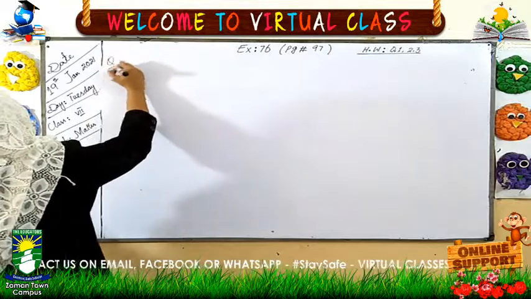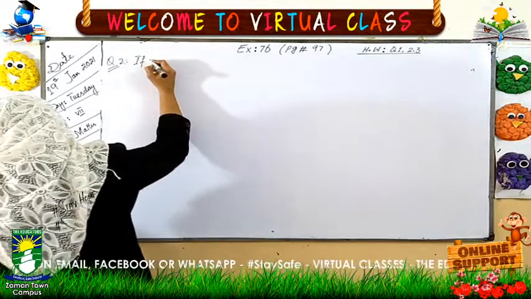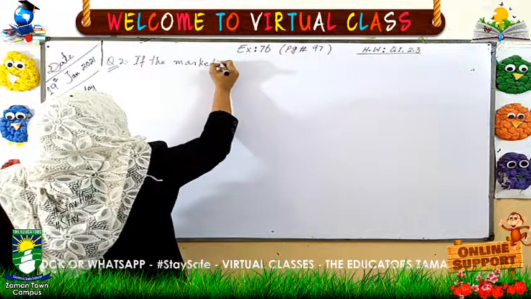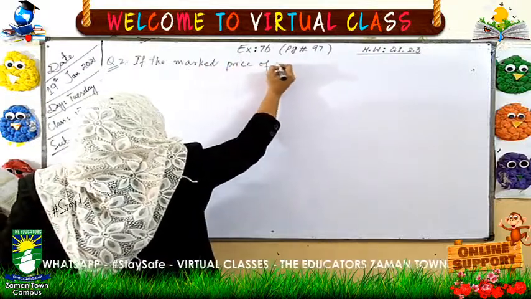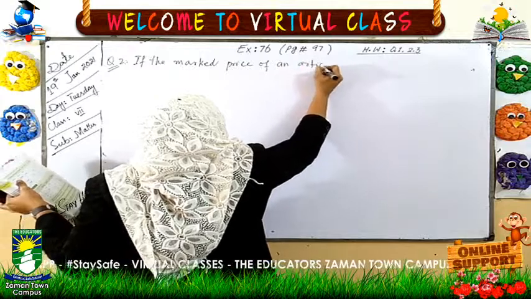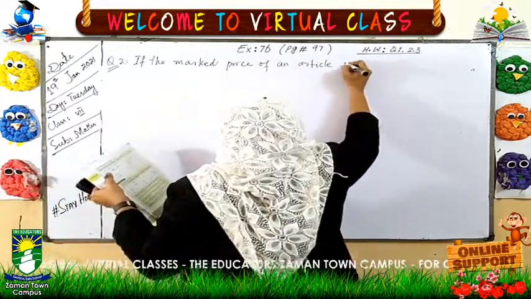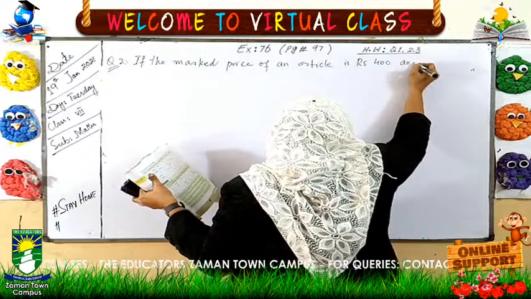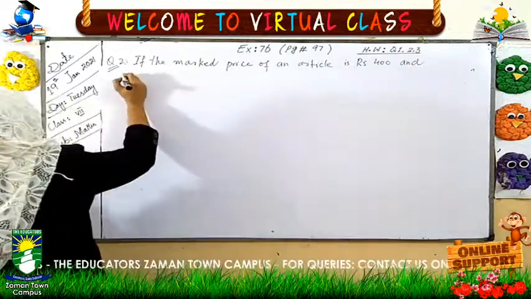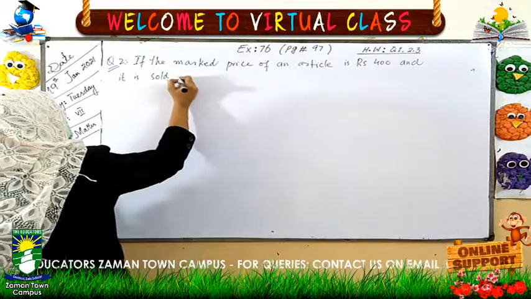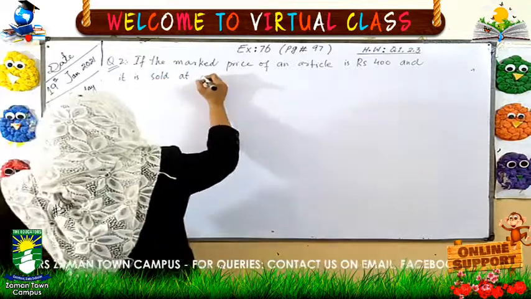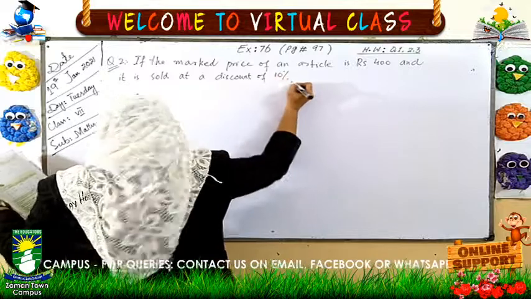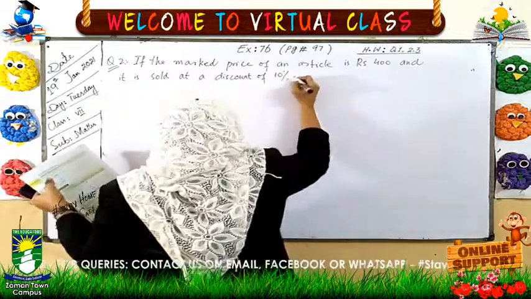Question number 2. If the mark price of an article is rupees 400 and it is sold at a discount of 10%, find the net selling price of the article.